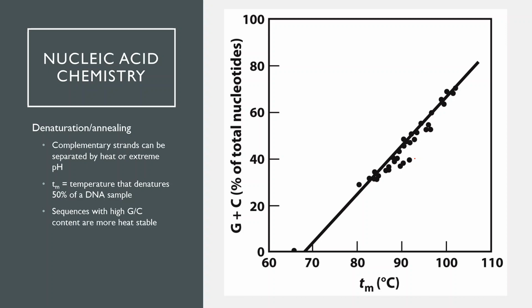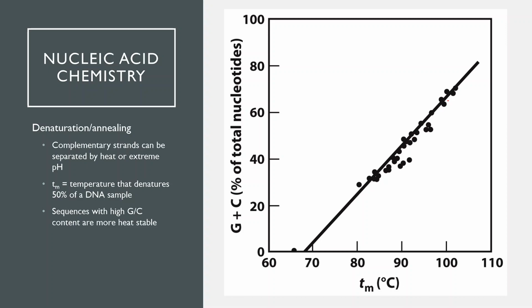And so that's shown here. So going from, say, 20% GC to 60% GC gives you a change in melting temperature from about 80 degrees Celsius to almost 100 degrees Celsius.